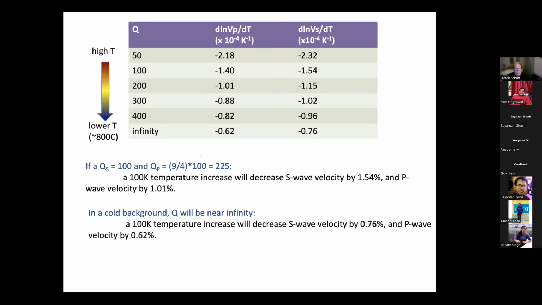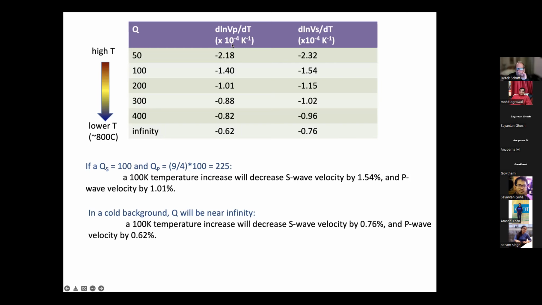We can throw in some numbers, and what we find out is that for Q of 50, d log Vp, so the percentage change in P wave velocity per degree Kelvin, is going to be minus 2.18 times 10 to the minus 4 per Kelvin.